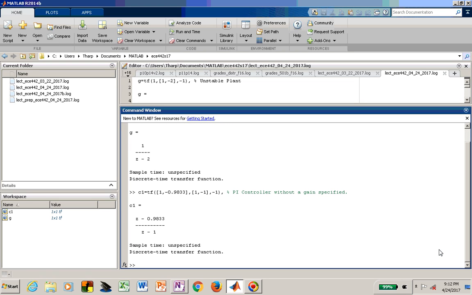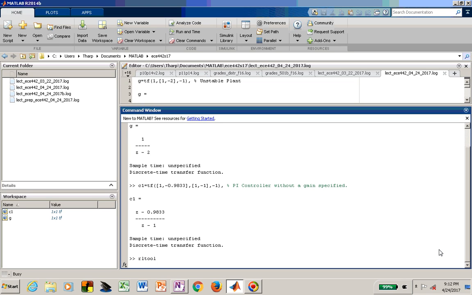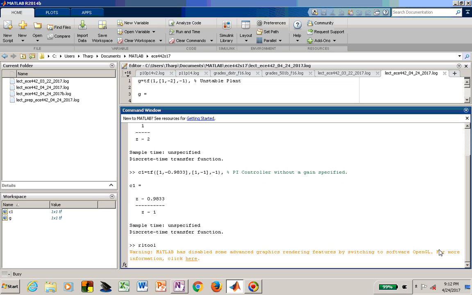To illustrate what can be useful in designing controllers, not just PID controllers, let's look at this function in Matlab called rltool.